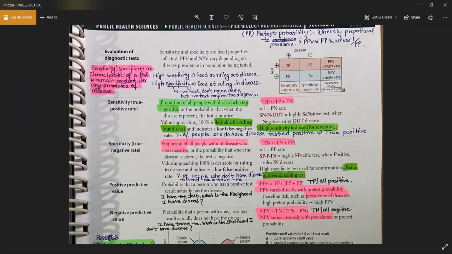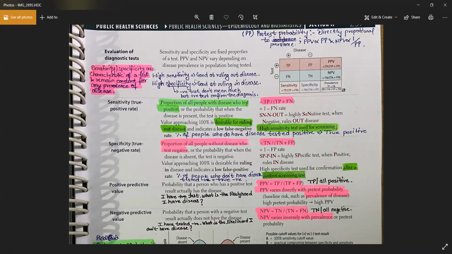Whenever a specific test becomes positive, it always means the patient has the disease. A 100% chance that the patient has the disease. And whenever a sensitive test becomes negative, it is a 100% chance that the patient does not have the disease. So a highly sensitive test is good at ruling out the disease, and a highly specific test is good at ruling in the disease.